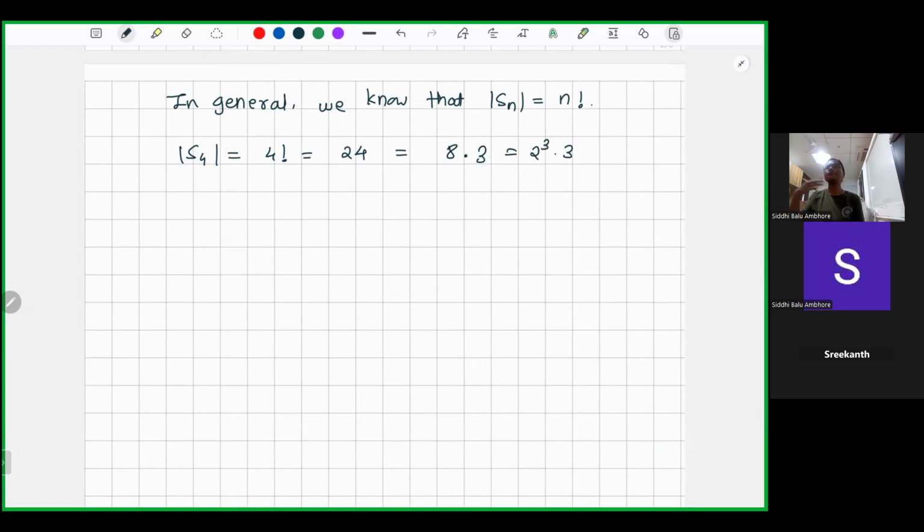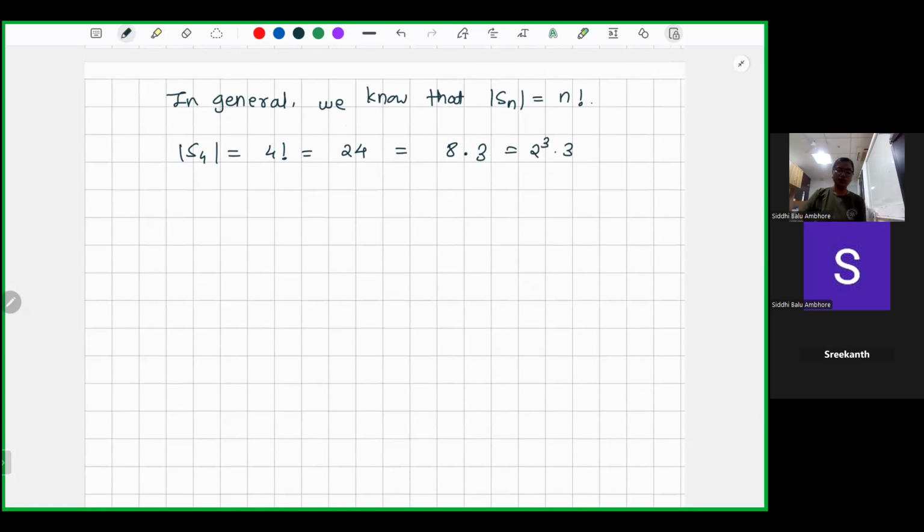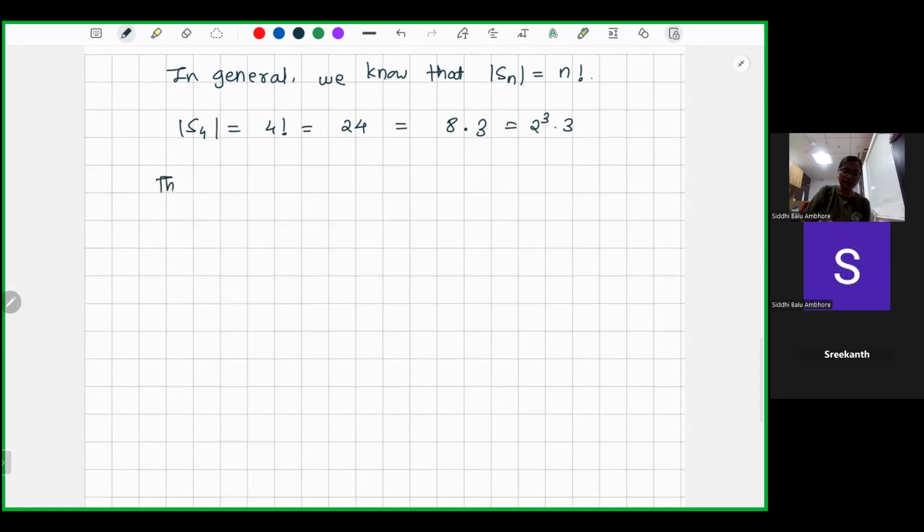Okay, so this is the information we have. And the moment I have this, I have G, that is S4, such that the cardinality of G is 2 cube into 3, and GCD of 2 cube and 3 is 1.